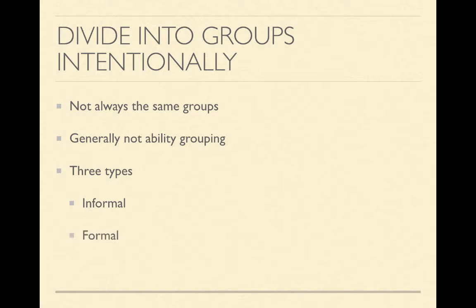But then you're going to have more formal groups. These would be used for longer projects. And this is mostly what we've been talking about here with formal role assignments and accountability. The book also says you might have base groups. That is, you could divide your class into groups at the beginning of the year with students staying in these groups all year. And you could do this just to organize your students well.